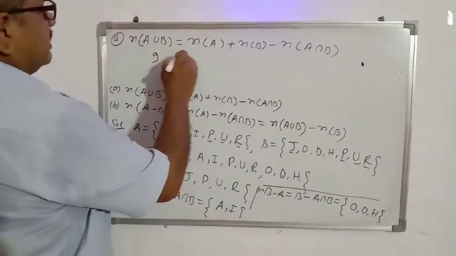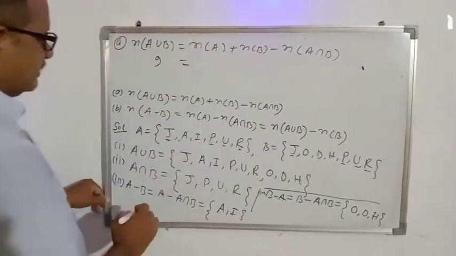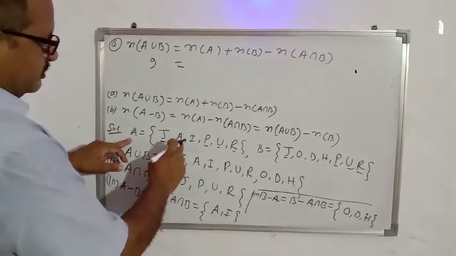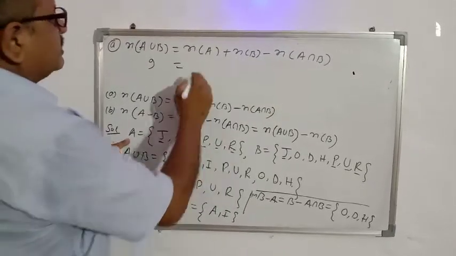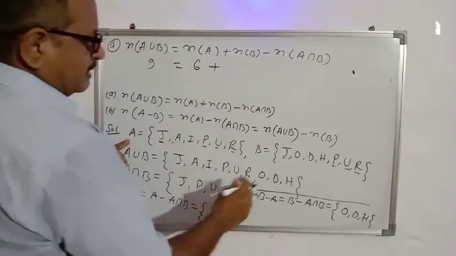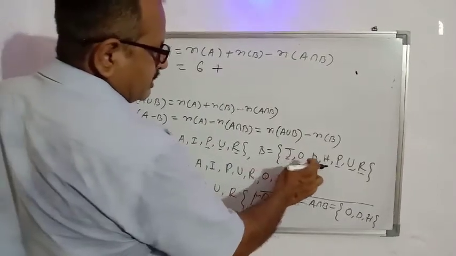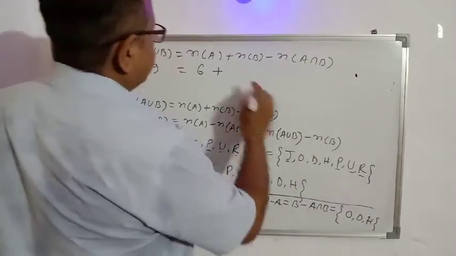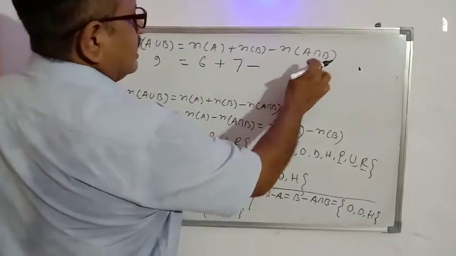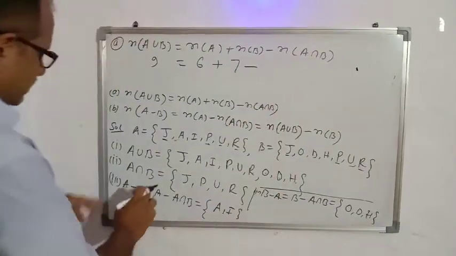So it is 9. n(A): 1, 2, 3, 4, 5, 6, plus n(B): 1, 2, 3, 4, 5, 6, 7, minus n(A intersection B).